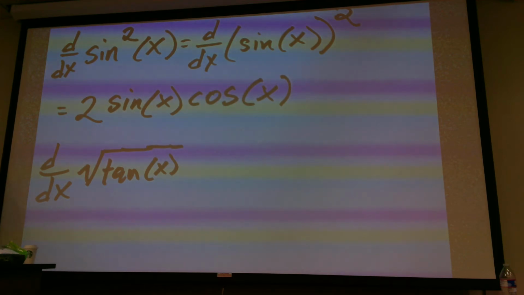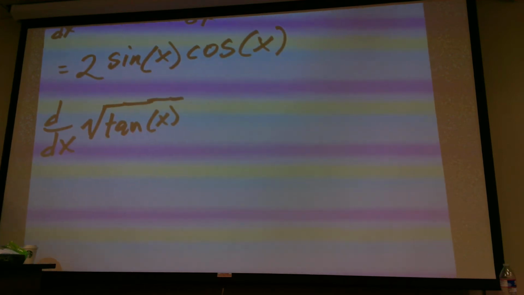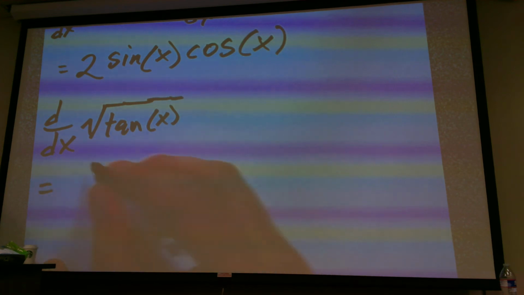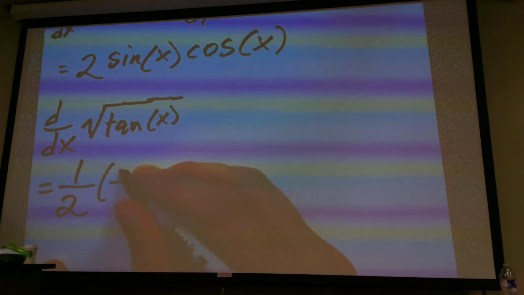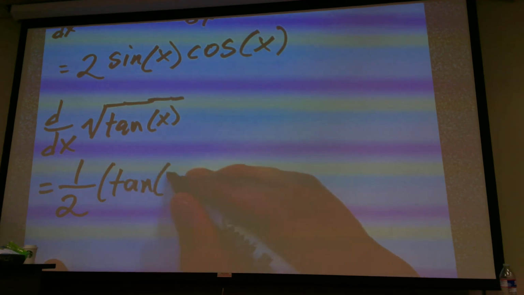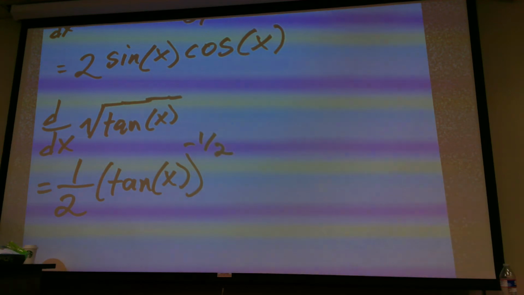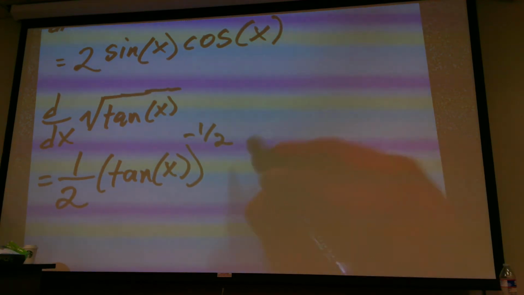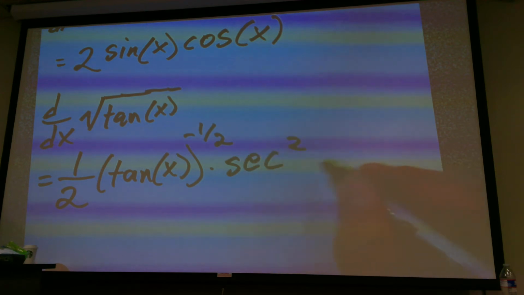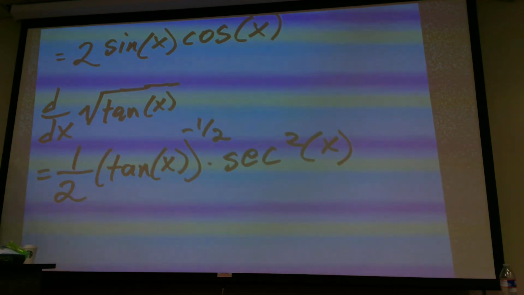So that's going to come out when we take the derivative of the square root. That's going to spit out a 1/2 into that spot right there. Now tangent of x to be negative 1/2, and then multiplied by the derivative of tangent of x, which is secant squared of x.